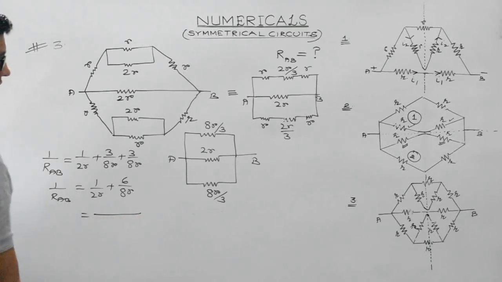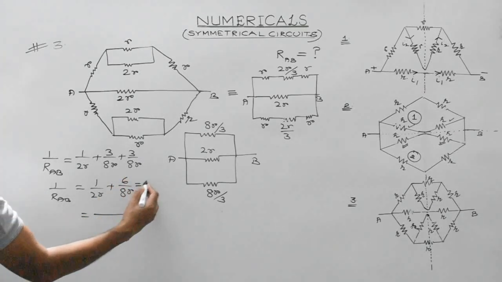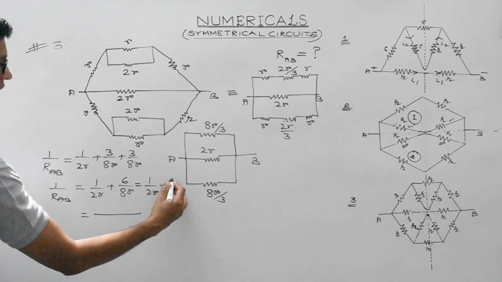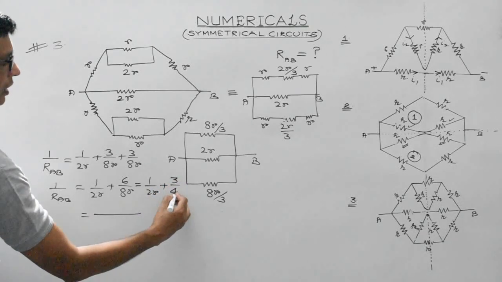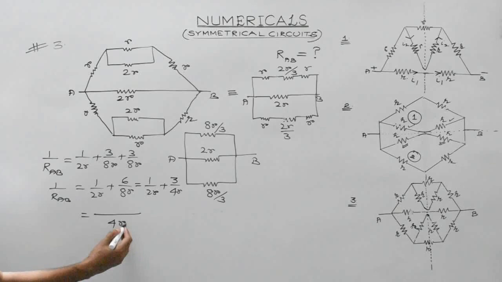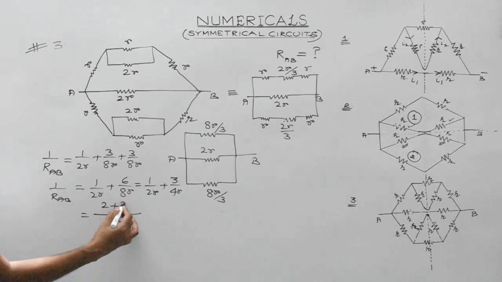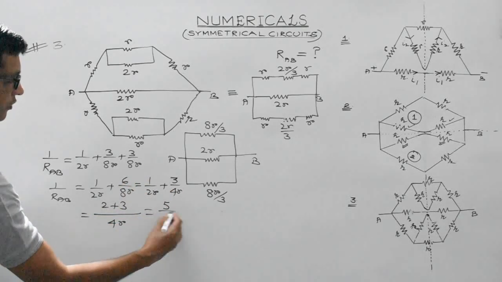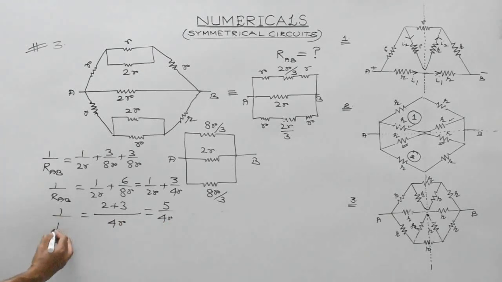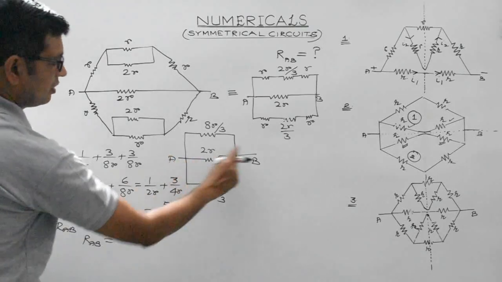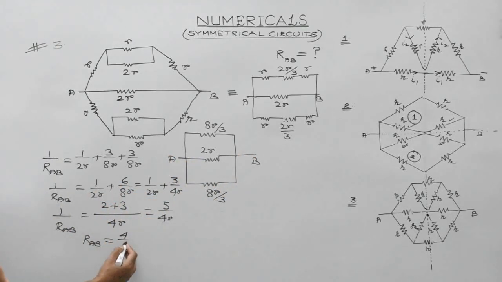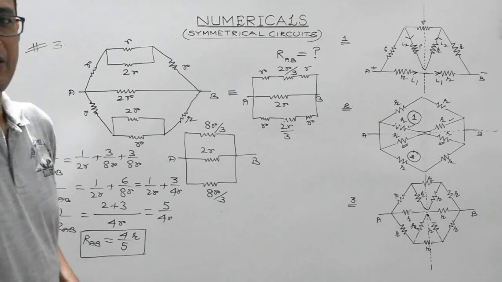So taking LCM, it can also be written as 1 by 2R plus 3 by 4R. So 4R can be taken as LCM, and 2 plus 3. So what we get is 5 by 4R. So net effective resistance between the points A and B would be given by 4R by 5. So students, this will be the result. The answer would be 4R by 5.